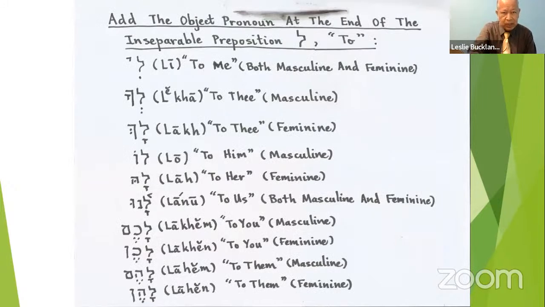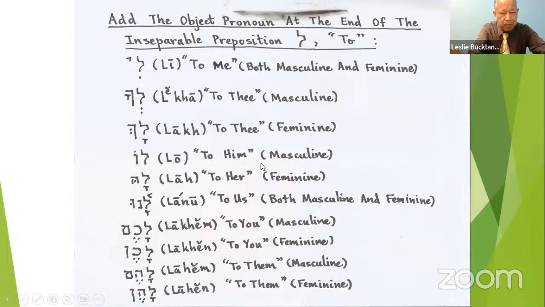Now let us apply these object pronoun endings to the inseparable preposition lameth. Lameth here means to. So lameth, and you have long yurik, li, means to me, and applies to both the masculine gender and the feminine gender. Leka, to thee, masculine. Lak, to thee, feminine.